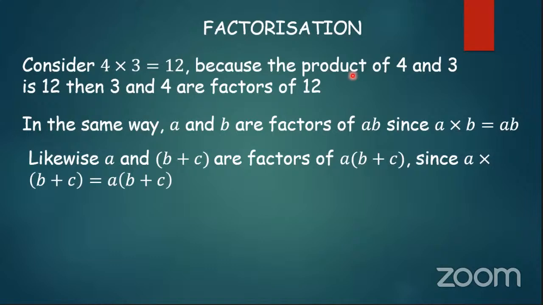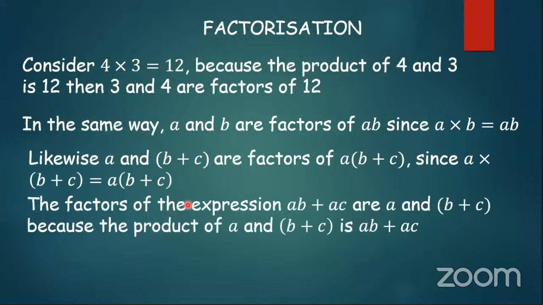So what we are going to be doing is basically simple: identify a common factor, and then we put it outside, and then we shall have completed our factorization. So we are saying the factors of the expression AB plus AC are A and B plus C. So B plus C and A are factors of AB plus AC.